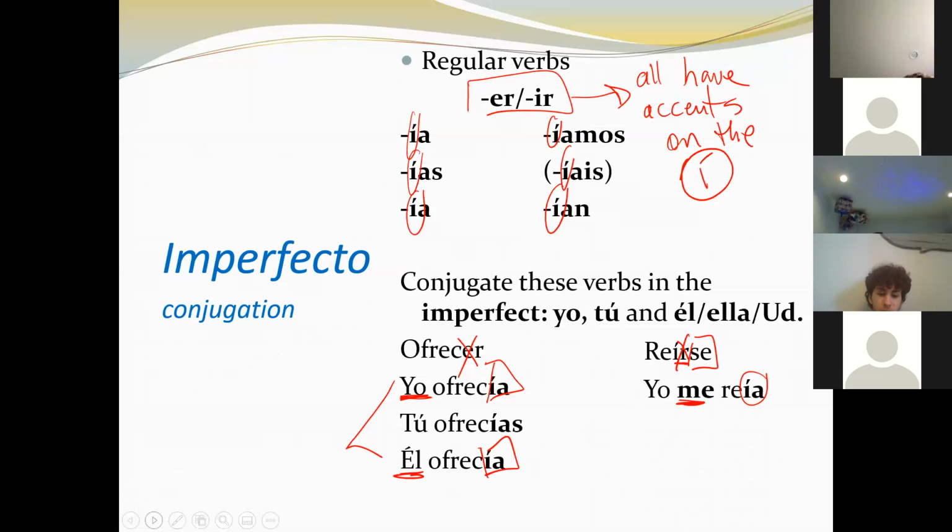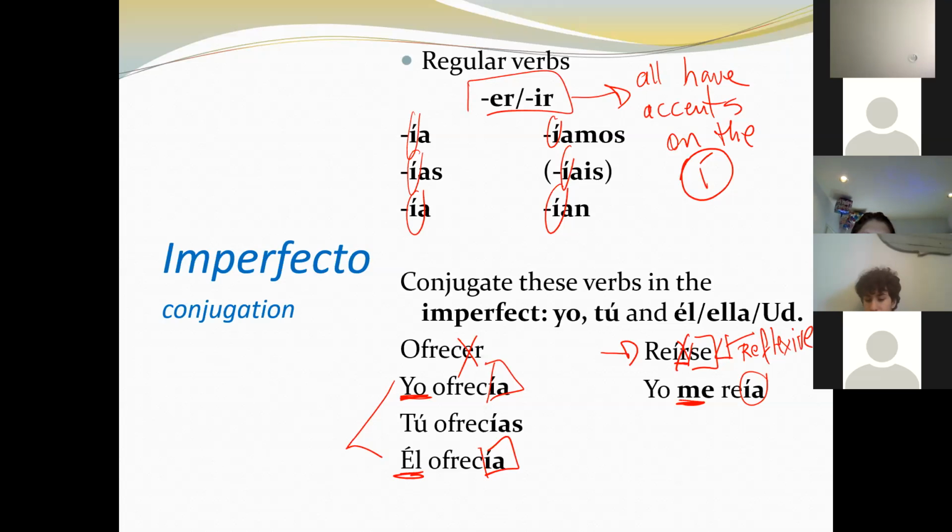What is the tú form, Caitlin? Yes. So what's the tú form of the verb reírse? Imperfect. And don't forget your pronoun. Of what? Reírse. Reías. Yeah, and your pronoun? Reflexive pronoun. Se. Yes. Is it se for the tú?